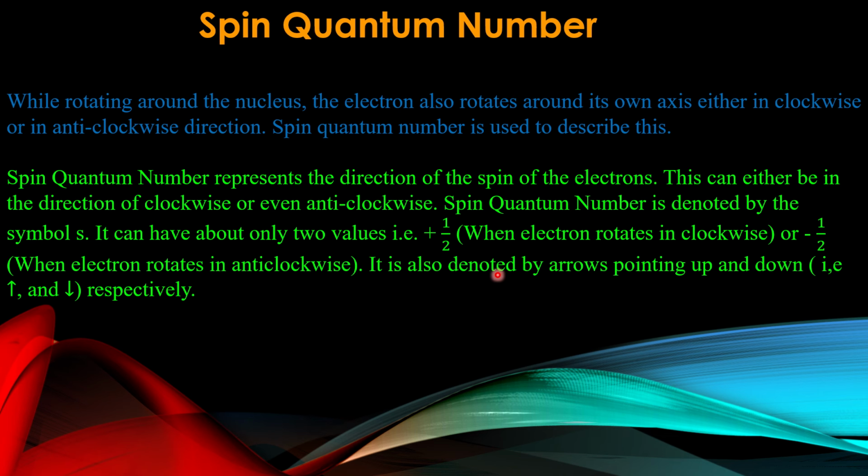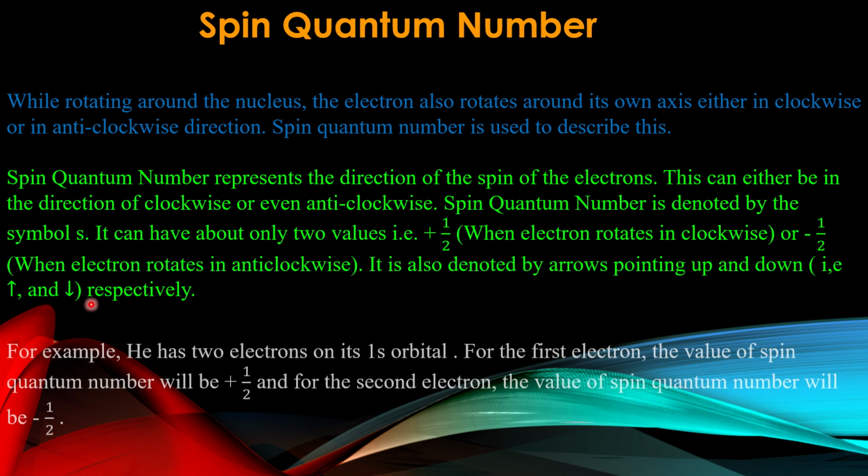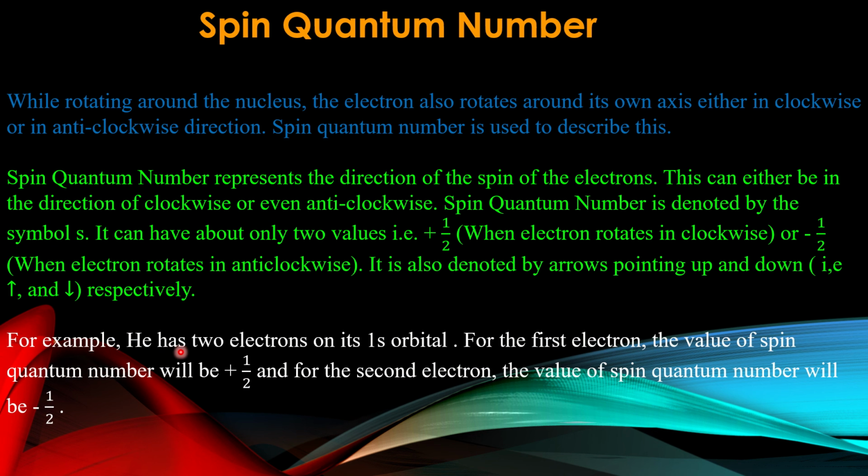It is also denoted by arrows pointing up and down. That means the upward arrow is for a clockwise directed electron, and the downward arrow is for an anti-clockwise rotated electron. For example, suppose helium.